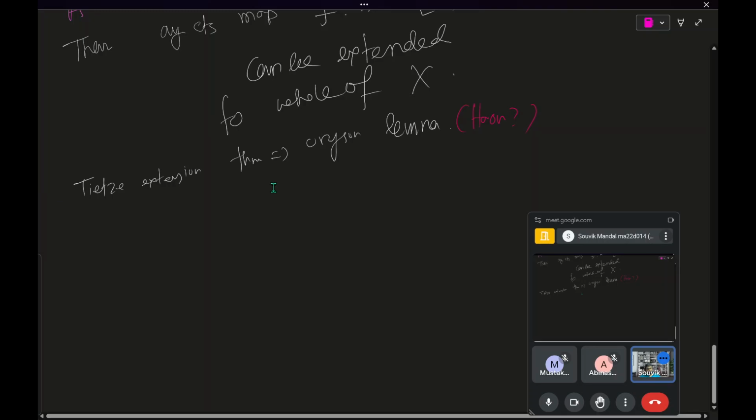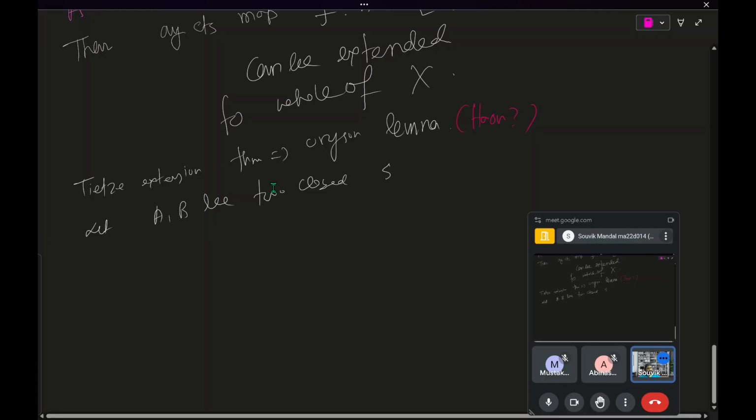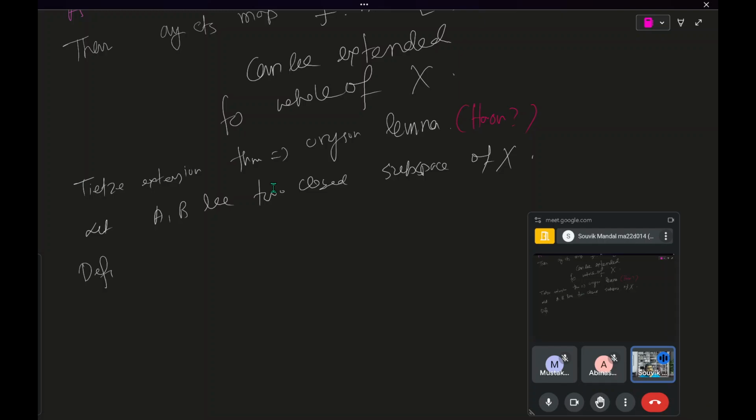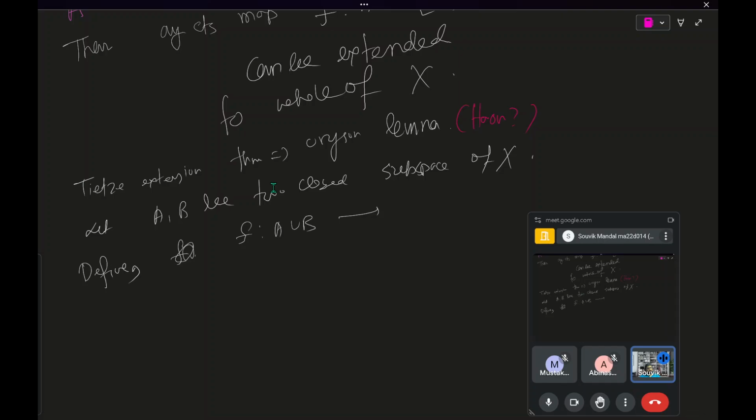So let A, B be two closed subspaces of X. Define a map from A union B to [0,1] by sending the whole of A to 0 and the whole of B to 1.